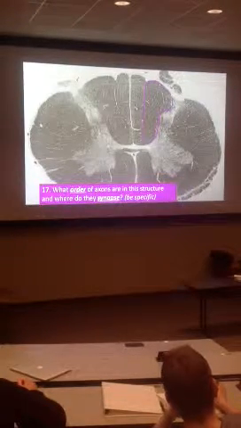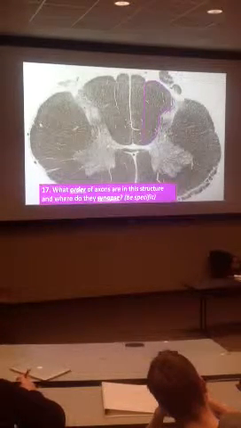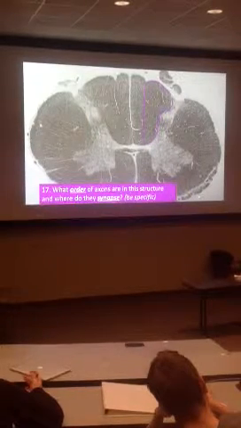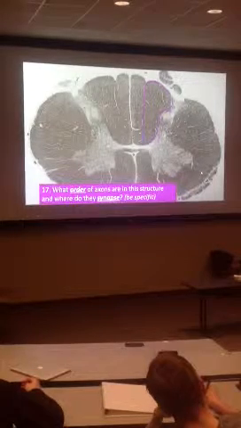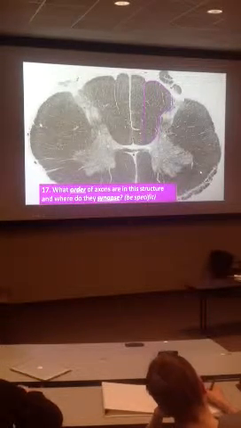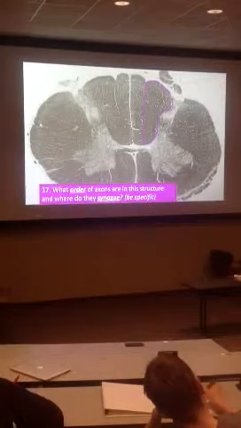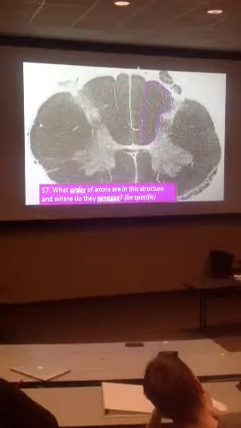So where are they going to synapse? Okay, and it's the ipsilateral cuneate nucleus, right? Yeah, I would say ipsilateral cuneate nucleus. They're going up, and where are they going to synapse next?